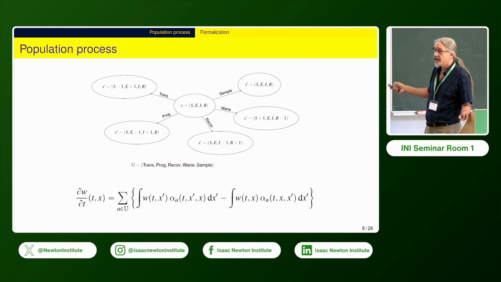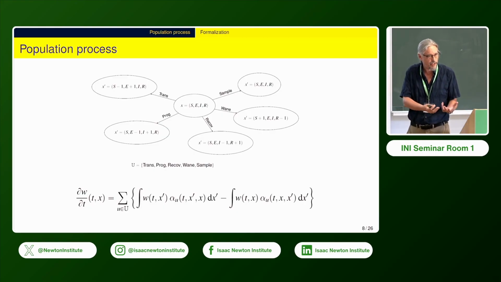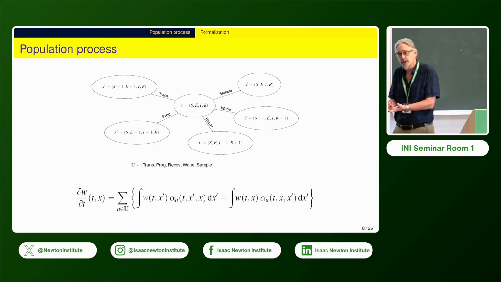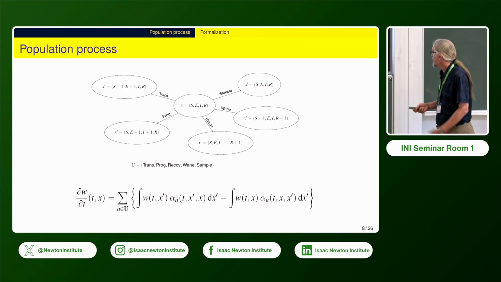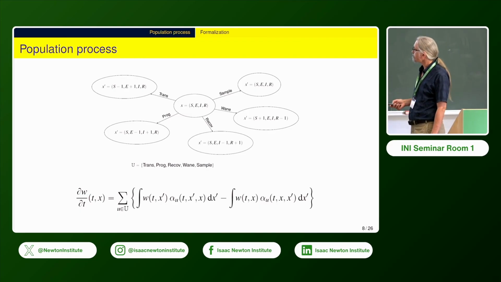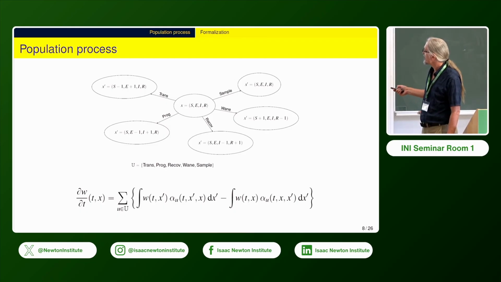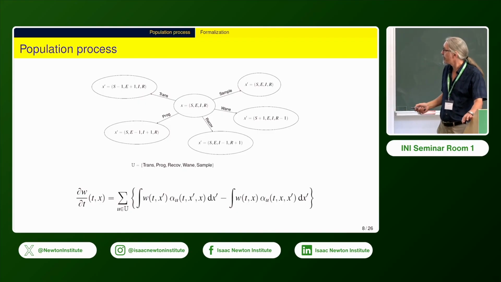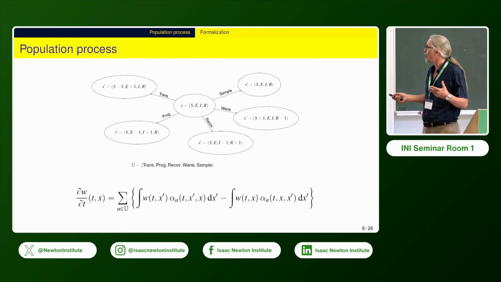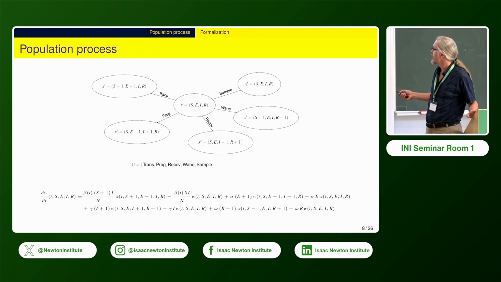Because each of these different kinds of events potentially has different consequences for the genealogical relationships amongst the strains, amongst the viruses, it's helpful to break them down. So here's the set of all 5 possible transitions, and we break down the alphas into the rates associated with each of these different kinds. That allows us to then work out what genealogy process is induced by this population process.